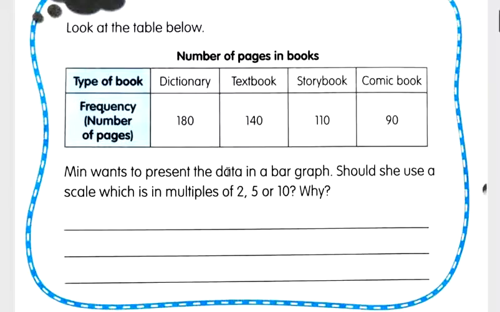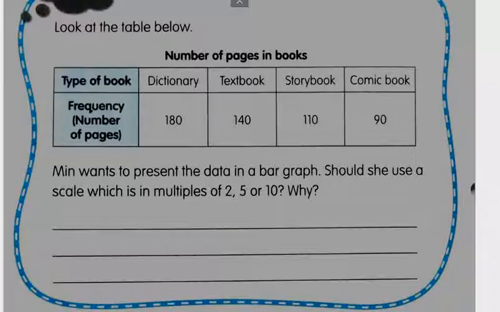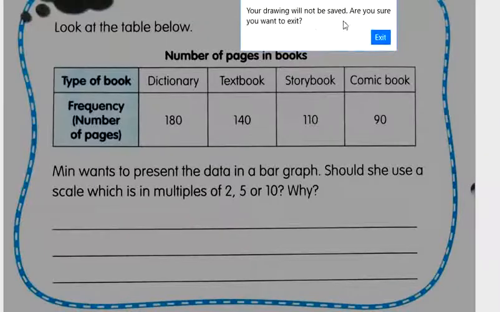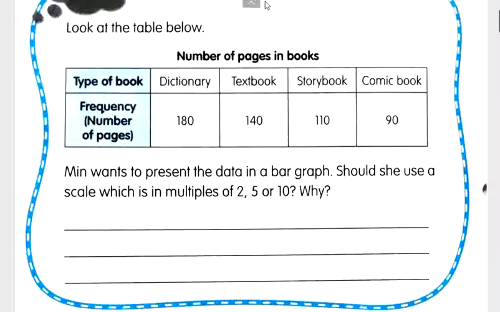So which scale should she use? The multiples of 2, 5, or 10? I think it's better if she uses the scale.